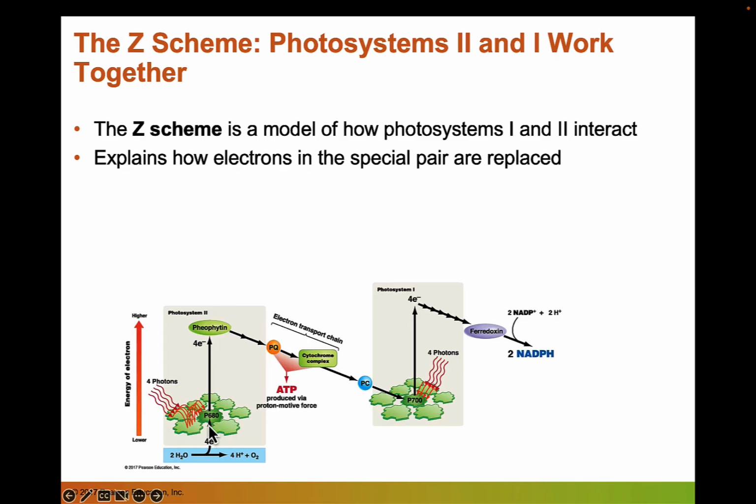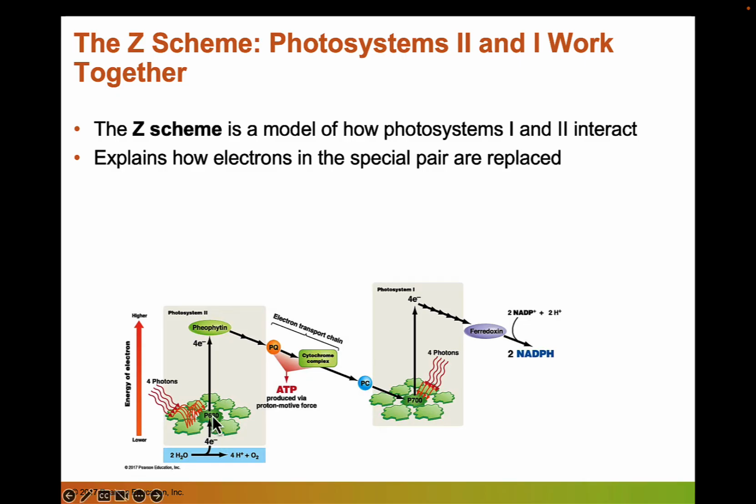So here in photosystem 2, the reaction center is called P680, and it's lost its electrons because it's transferred those electrons to pheophytin. And the electrons here are replaced by the splitting of water. So water is going to be split apart, and it's going to transfer electrons to the chlorophyll molecules in the reaction center, and we're going to end up with oxygen gas. So this is how the water becomes oxygen in photosynthesis.